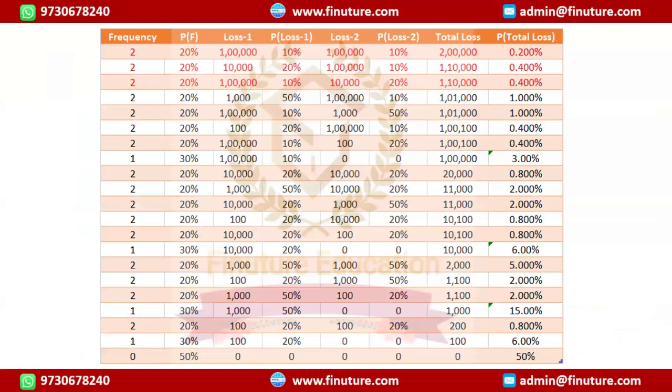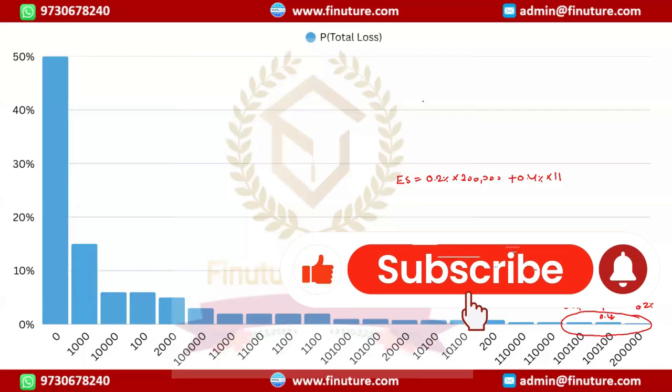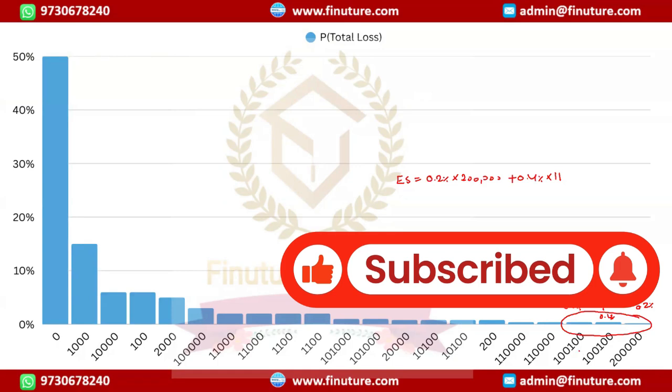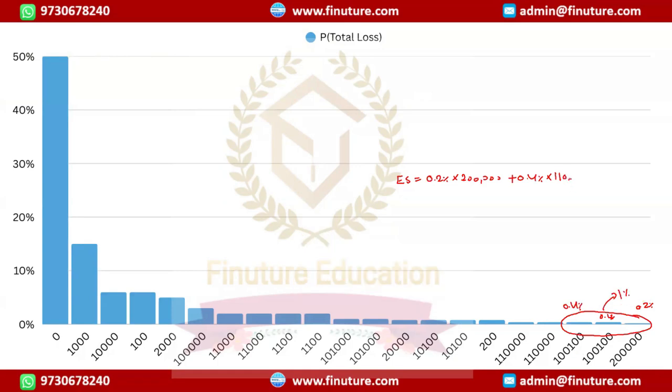I think the distribution has some issue. It's $110,000, some issue with the plotting, but yeah, it's 110 instead of what this looks like. So it's $110,000 plus 0.4% into $110,000. So if you calculate this, how much does it come to be?